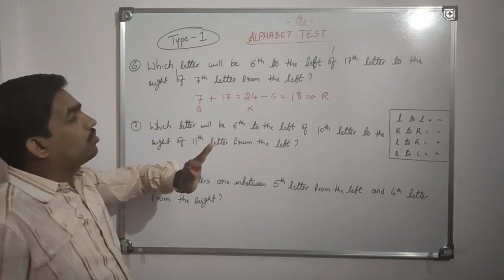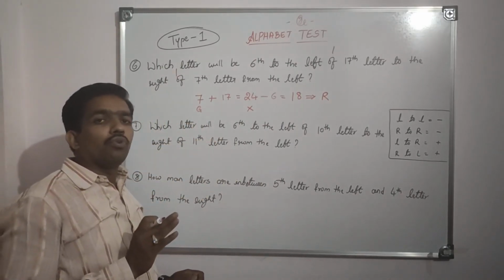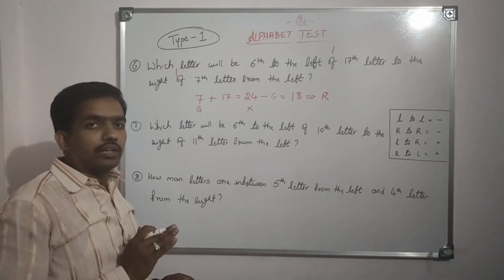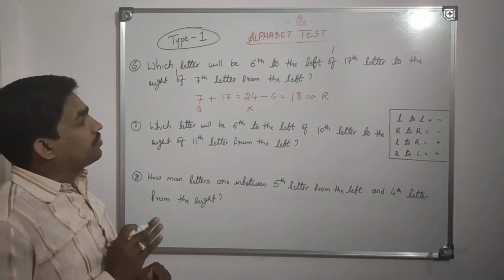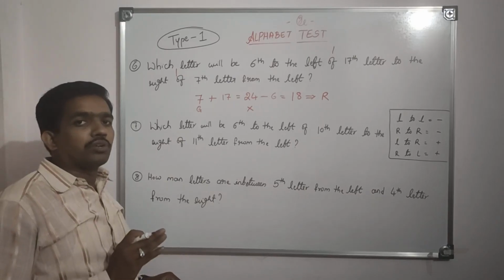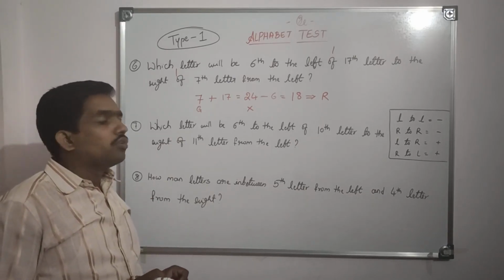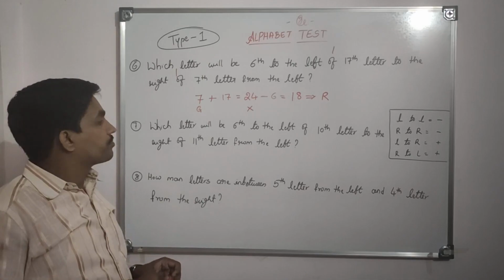So this we can do only if you know all the numbers of the letters. So that is very important to know all the numbers of the letters. It will be easy for you in your calculations.